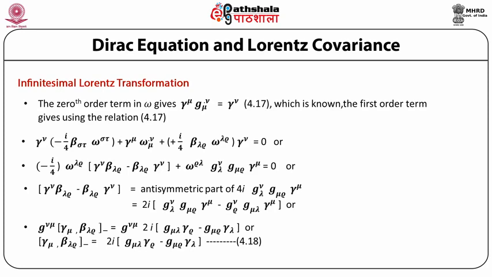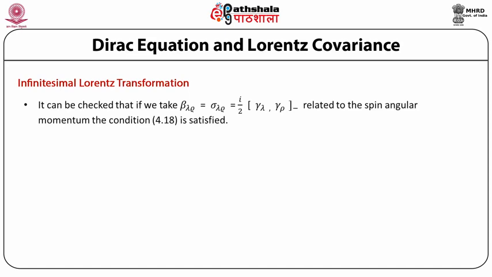This is the condition for the matrices beta lambda rho to satisfy so that the Lorentz covariance is observed. It can be checked that if we take beta lambda rho is equal to sigma lambda rho, which is equal to i by 2 commutator of gamma lambda with gamma rho, which is related to the spin angular momentum, then the condition 4.18 is satisfied.